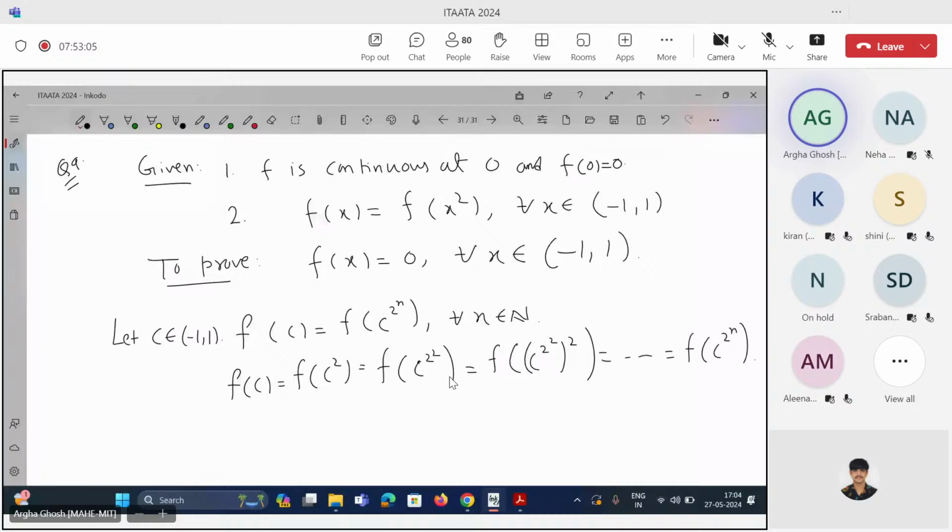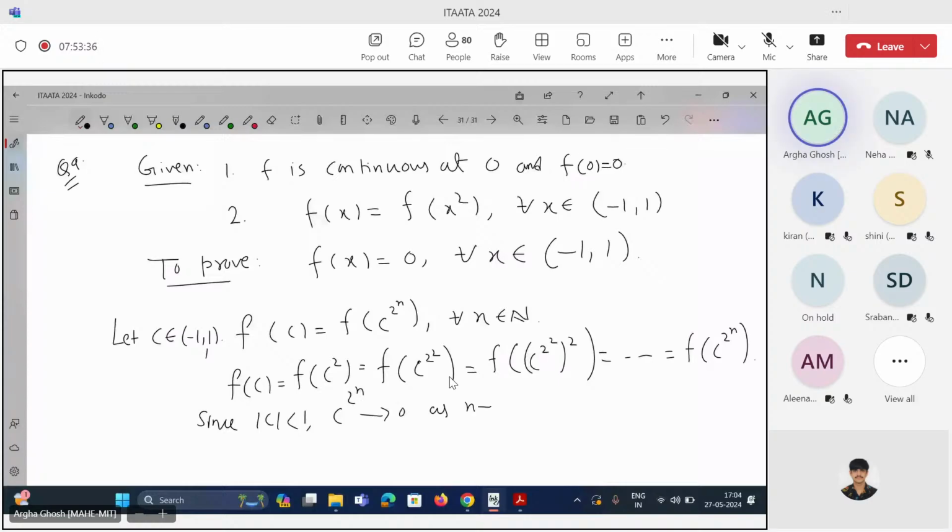And because C is between -1 and 1, that means the absolute value of C is less than 1. So therefore, C to the power 2 to the power n converges to 0 as n tends to infinity.